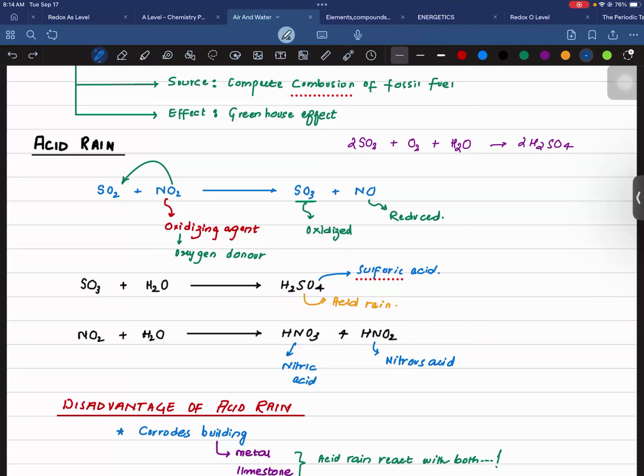Then I told you how we are supposed to eliminate the acidity of the soil. You are supposed to add calcium carbonate, limestone, so that your soil may be neutralized with this base, and then we can plant a tree. So by the way, this is the way that we can produce acid rain.